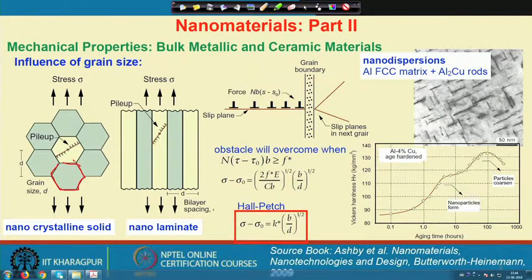This is a sample with a microstructure of equiaxed microcrystalline grains, and let us say the dislocations are piled up at the grain boundary. If we put some stress, then these dislocations flow inside the grain and pile up near the interface, because they cannot pass that barrier, and a force is built up at the interface and the dislocations will try to move.